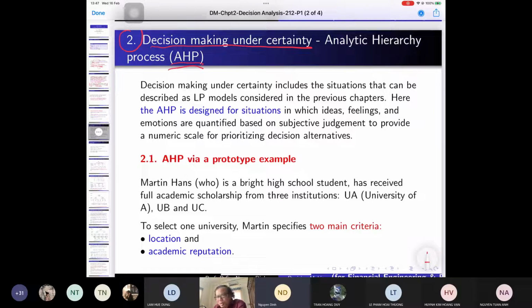Briefly, some words on this. Decision making under certainty includes the situation that can be described as a linear programming, and this you will study with the professor in Optimization 1.